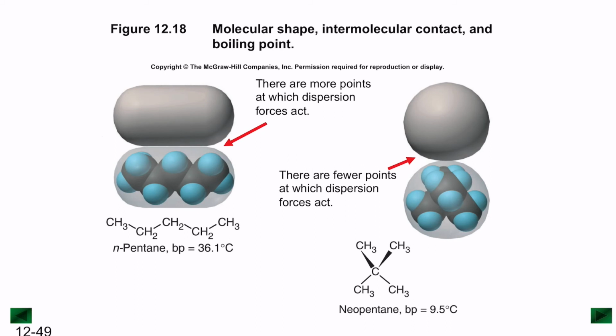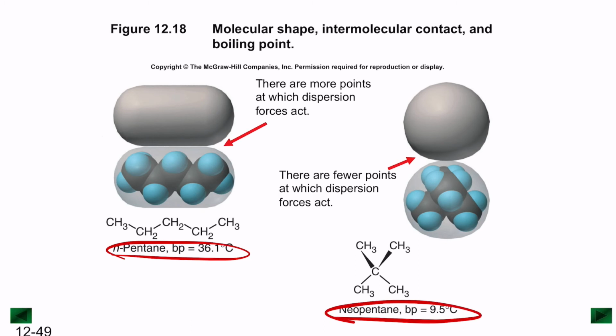Let's take an example between two molecules, n-pentane and neopentane. N-pentane has a larger surface area. The larger the surface area, the more easily its electron cloud can be distorted, thereby increasing the dispersion force. Because there are more points where it can be dispersed, it can undergo more dispersion forces. But for neopentane, there is less surface area, so there are fewer points where dispersion forces can act, and therefore it has lesser dispersion forces.